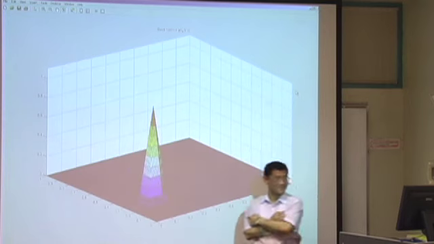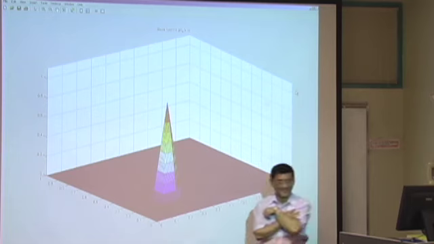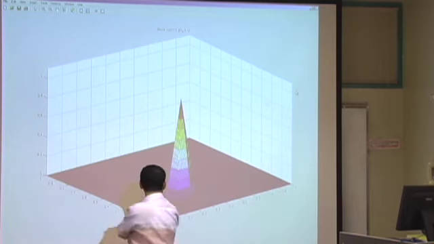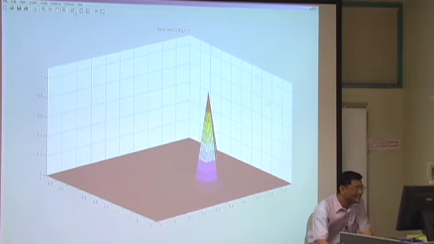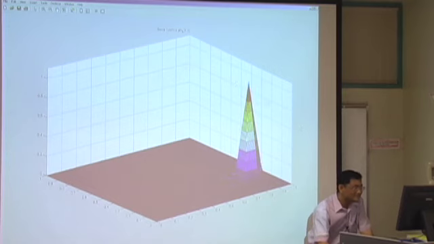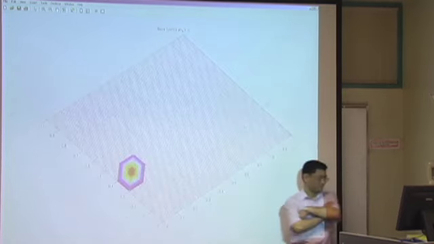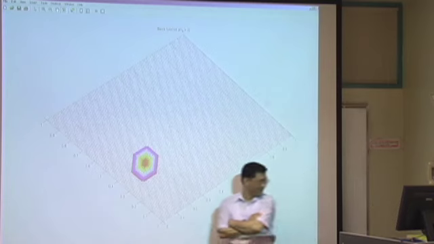Then you can add a command. Then you can see it. So I should try hard to show you the top view. Oh, you have a luck.